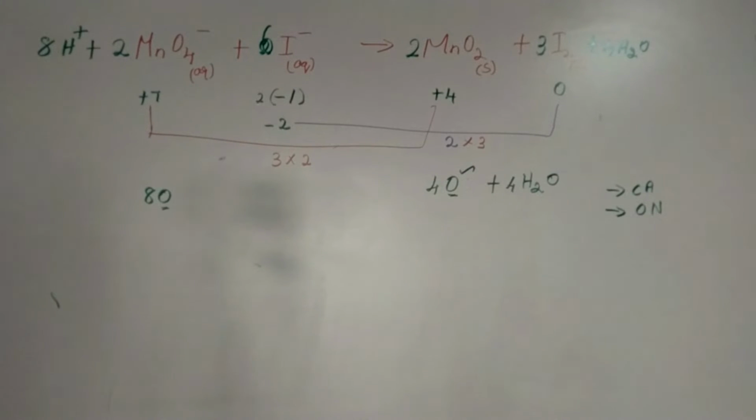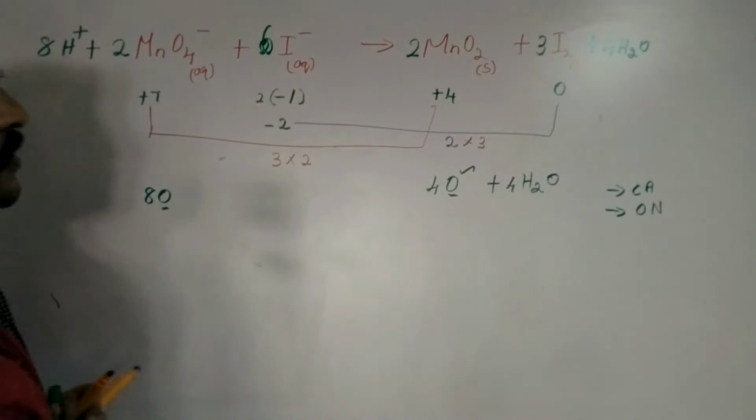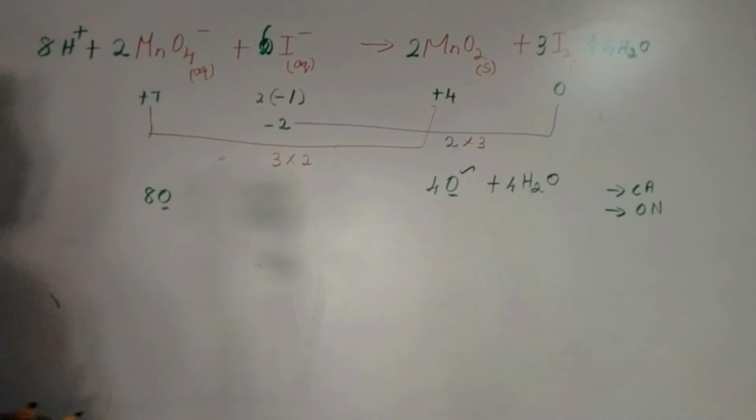Definitely we have to add H2O to balance oxygen, and not oxygen in the gaseous state, and we have to add H plus to balance the hydrogen, and not gaseous hydrogen.